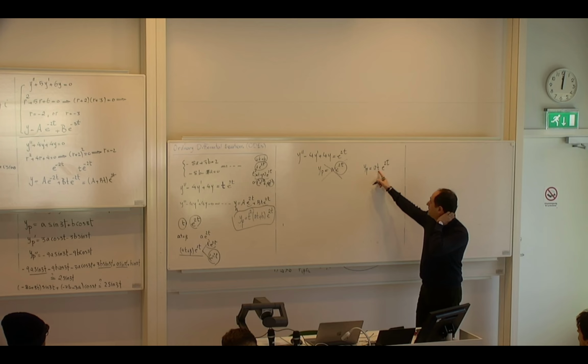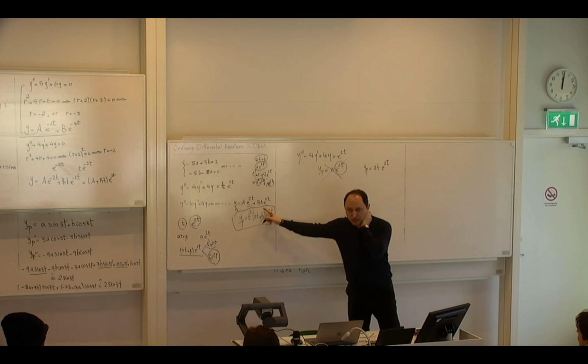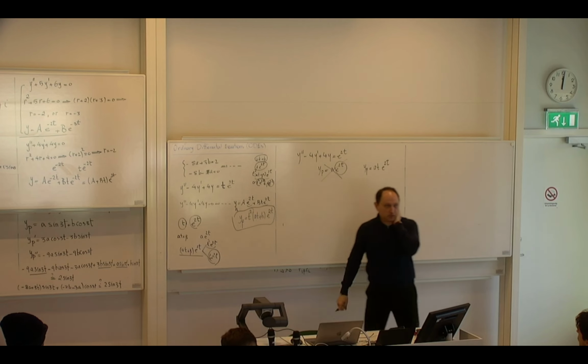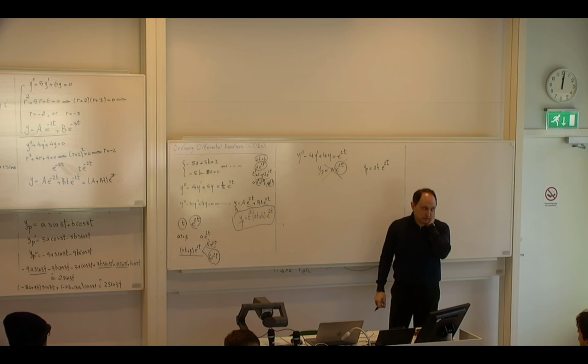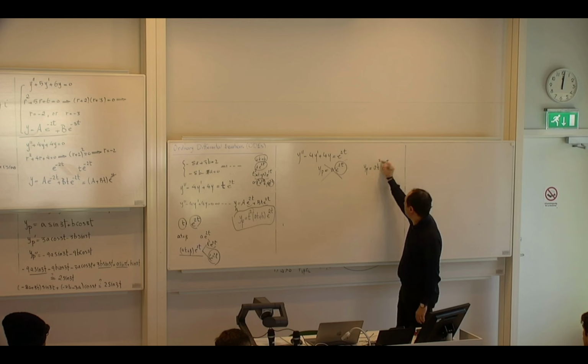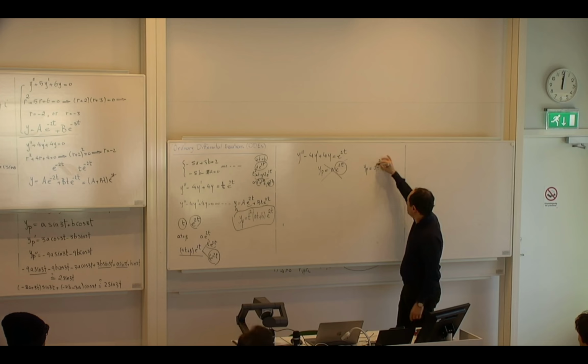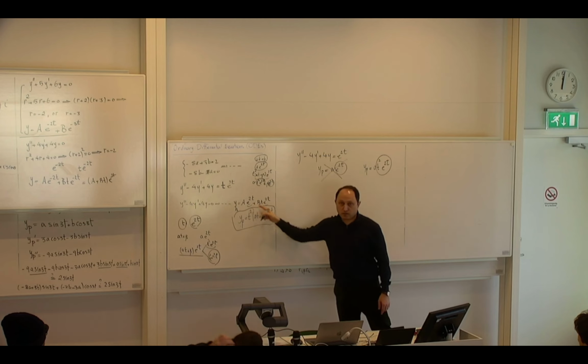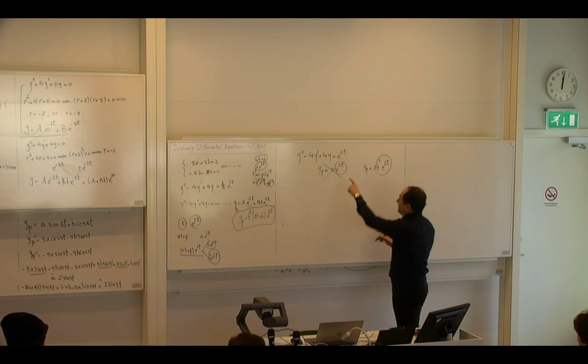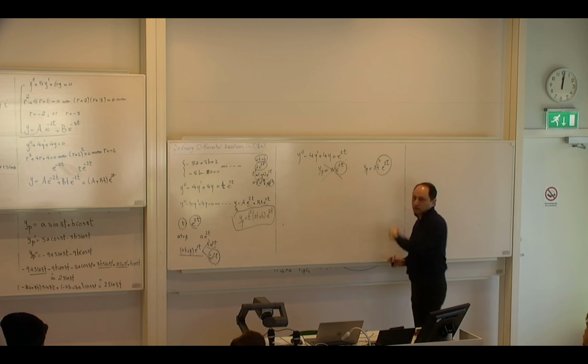No, because t e to power 2t is also still a solution for your homogeneous one. So you multiply by 1 more t. Is that enough now? Yes. Because t squared e to power 2t is not one of these solutions. So your educated guess for this should be this one.